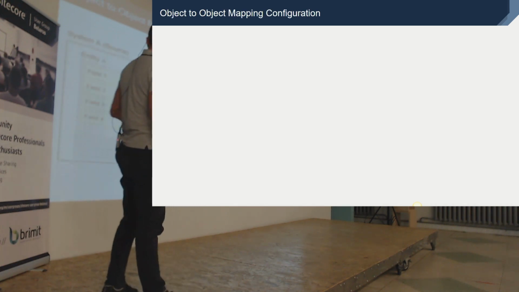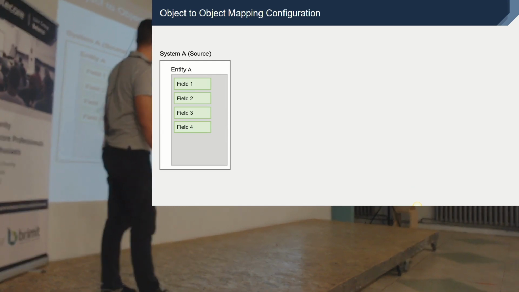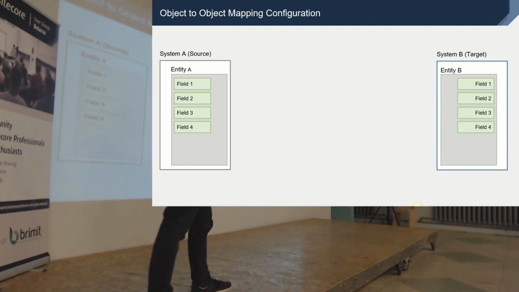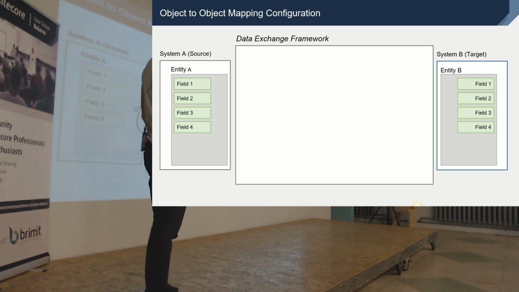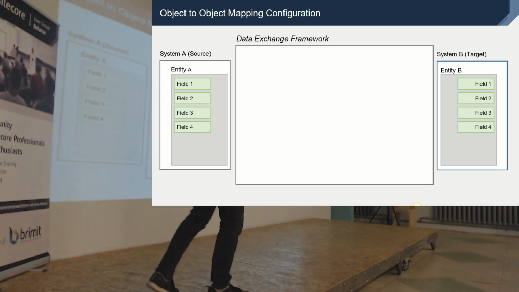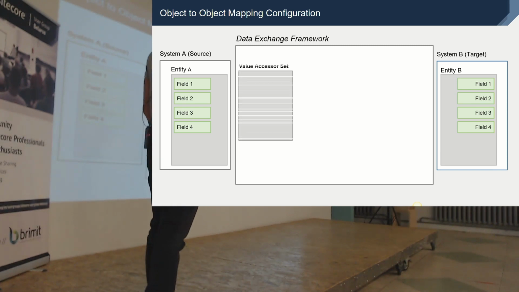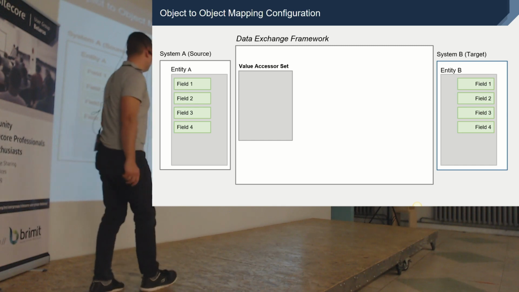Again, we have system A, the source, with entity fields. We have system B, the target, and the Data Exchange Framework between them. What do we need to do first to create our mapping? We need to create a value accessor set. It's only a collection.